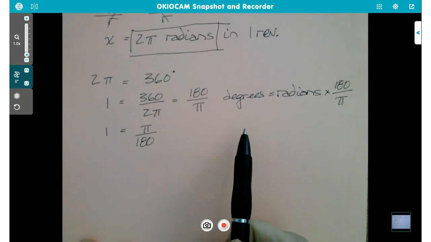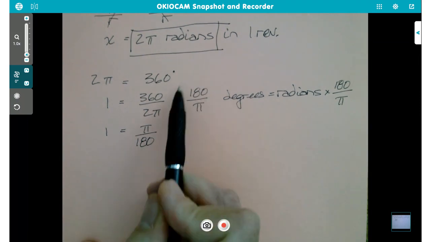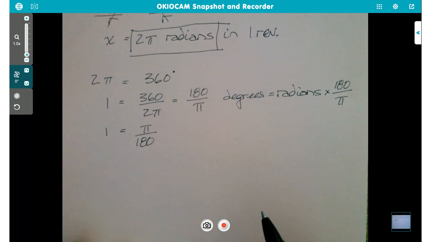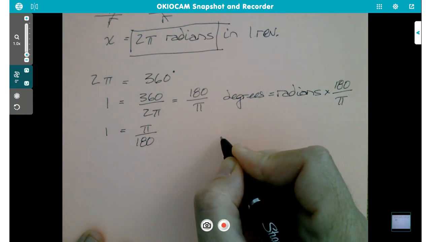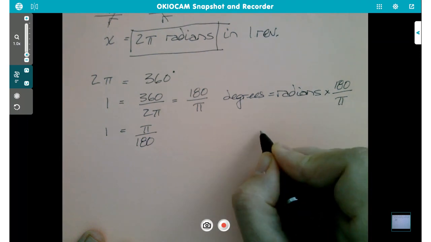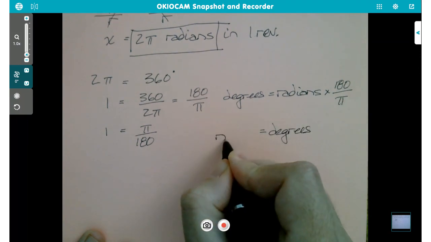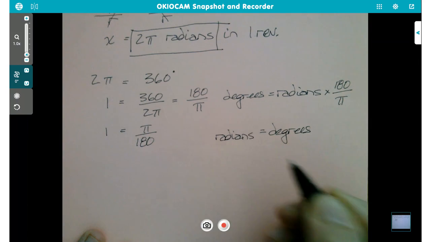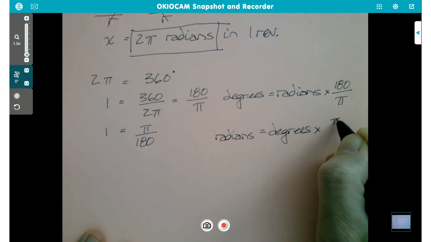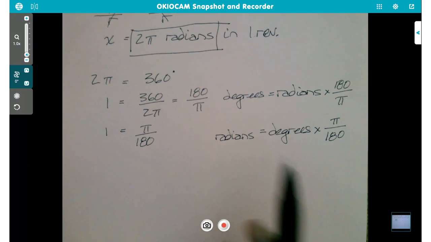If I have an angle in radians and I would like to change it to degrees, I can multiply the angle in radians by 180 over pi and get the equivalent degree measure for that angle. If I want to go the other way, if I have an angle in degrees and I want to change it to radians, I can take my angle in degree measure and multiply it by pi over 180 to get the radian measure of that same angle.